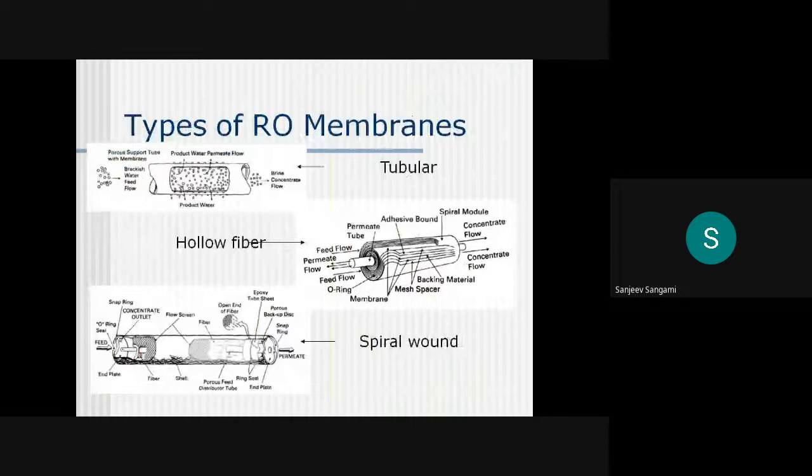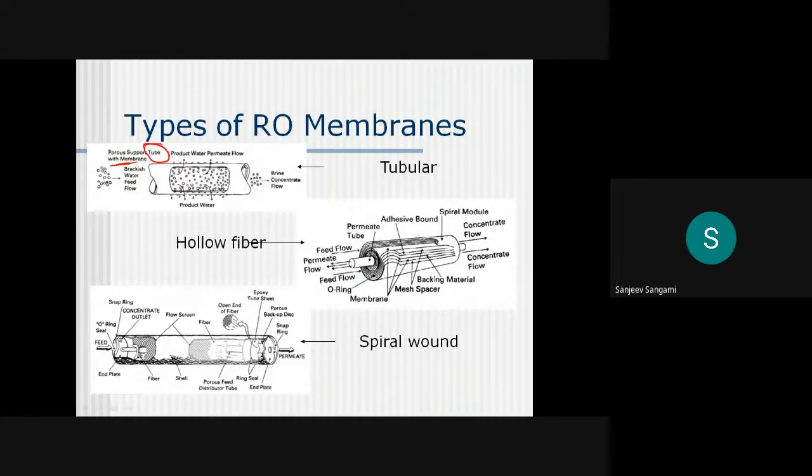Some of the membranes involve a porous support tube with membranes. You can see that it is the porous supported tube type of membranes.